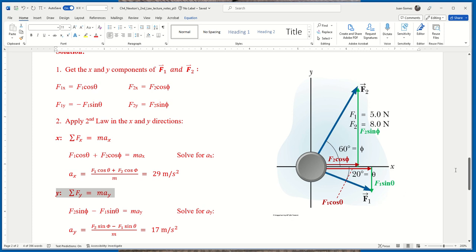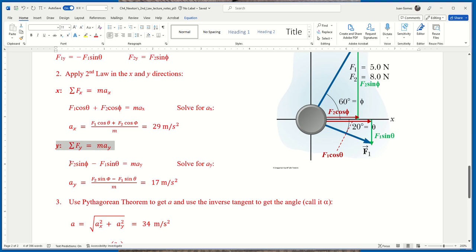So when you add them up, it's going to be f2 sine phi minus f1 sine theta. Because again, the f1 sine theta is negative, meaning you've got to subtract it. So you have f2 sine phi minus f1 sine theta equals may. Well, solve for ay. Just some trivial algebra.